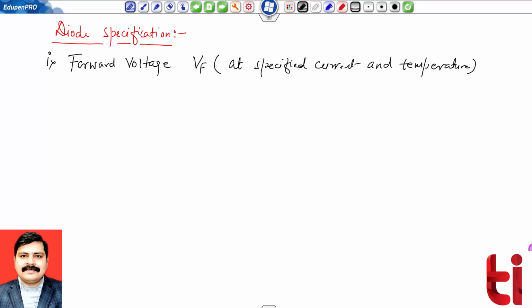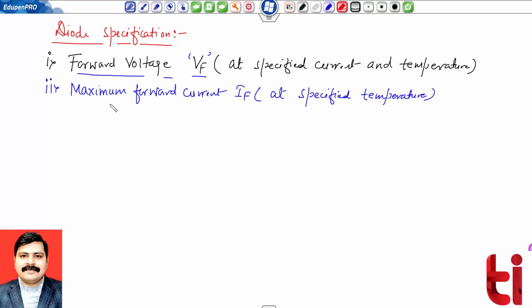The first part over here is forward voltage. The notation is VF. We may have the value of VF at some specified current and temperature. The second component is maximum forward current.